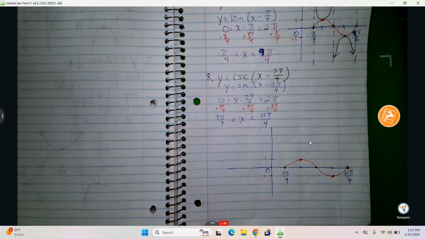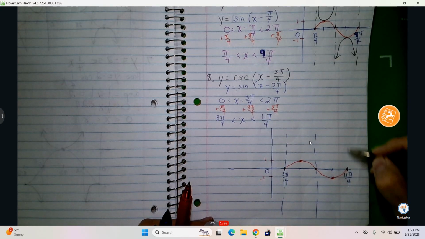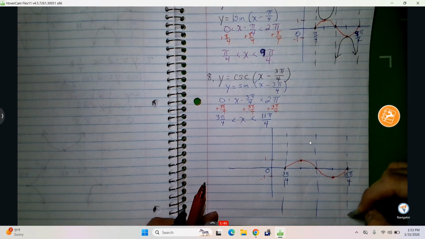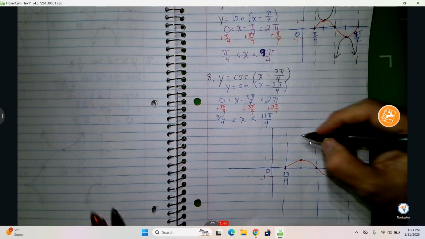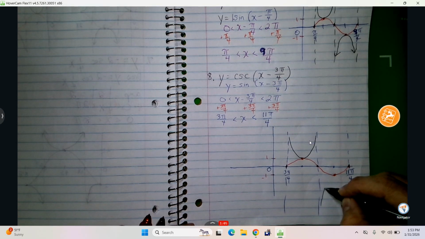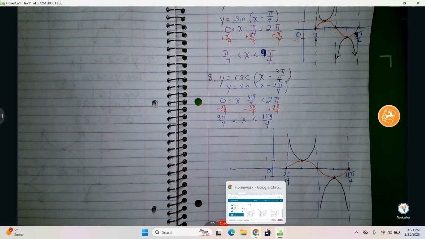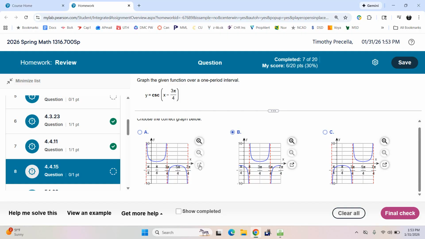Now, asymptote, asymptote. Uh-oh, I was going to do that in black. 1, 2. Oh gosh, let me see. So we have asymptotes at 3 pi over 4, 3, 5, 7, 9. So this is 7 pi over 4. So let's see.